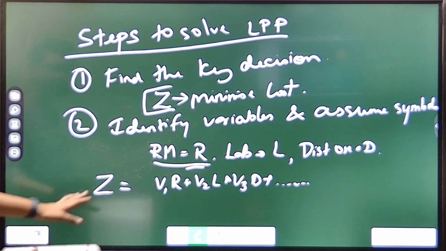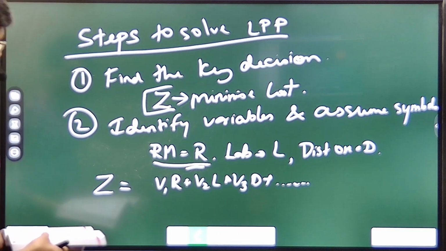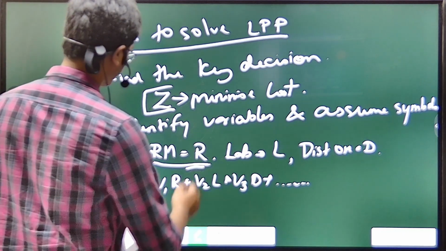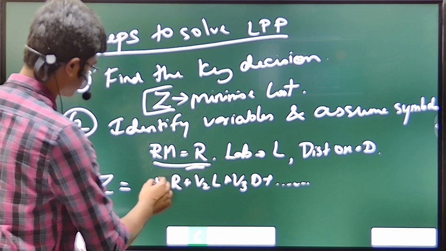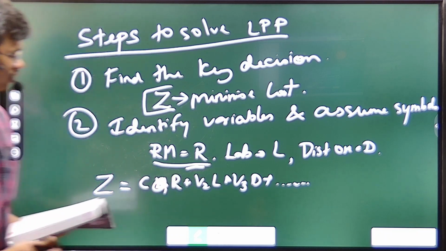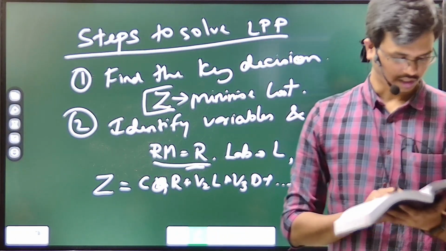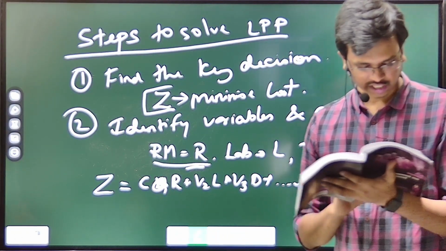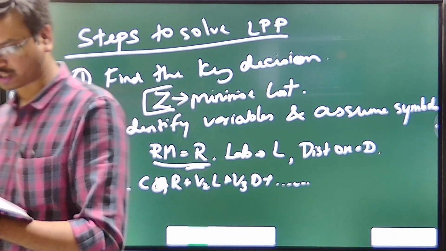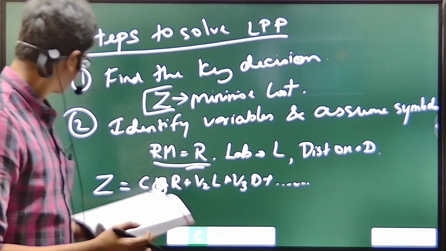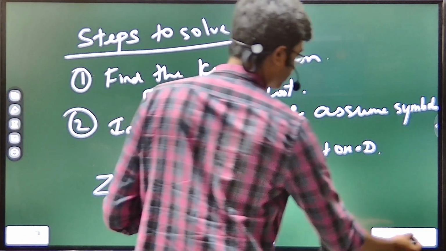So you are expressing your problem statement in terms of your variables. And finally, express the constraints as linear equalities or inequalities in terms of the variables. That is how you solve a linear programming problem.